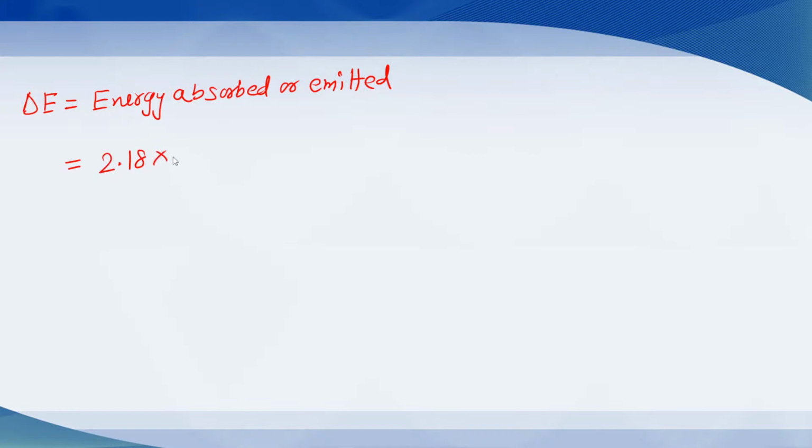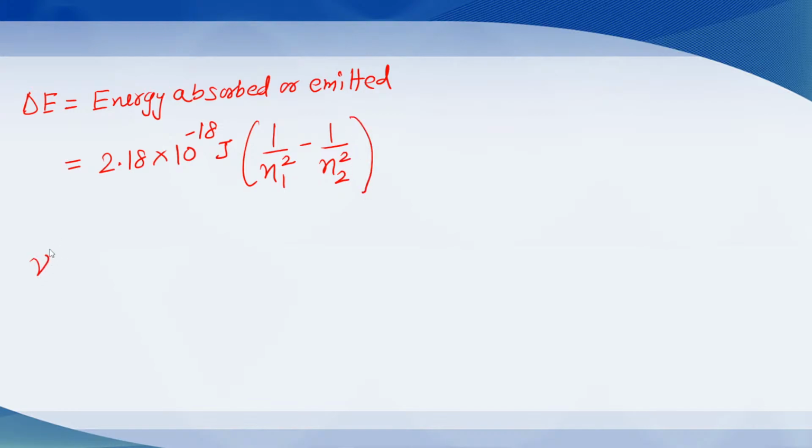So these are the three equations. I will write them again. First is delta E, the energy absorbed or emitted when an electron jumps or falls between n1 and n2, and that is equal to 2.18 into 10 raised to power minus 18 joule, into 1 upon n1 square minus 1 upon n2 square.